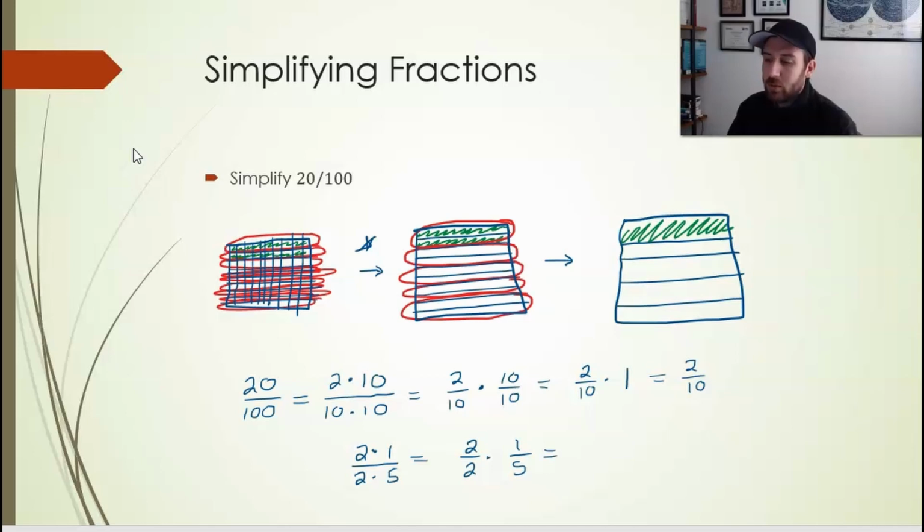Well, 2 halves of 1/5 is just 1 whole 1/5, and 1 whole 1/5 is just a fifth, which is exactly what we got here, 1 of 5 shaded pieces. So simplifying fractions comes down to recognizing what numbers you can use to multiply both the numerator and the denominator.